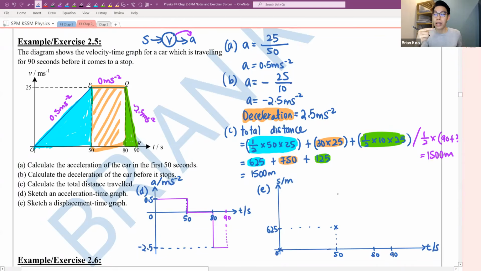on top of 625, you see the orange color part earlier, the orange color part from 50 to 80 seconds, you travel another 750 meters. So you have to plus 750 on top of 625.